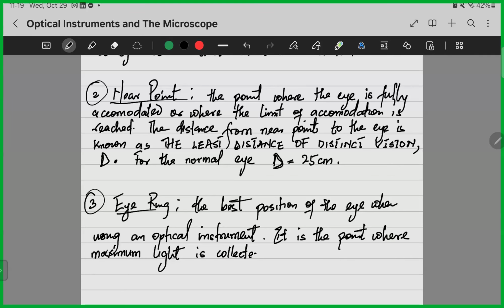Still on this eye ring, in a microscope, the eye ring is at the point where a circular opening is made.